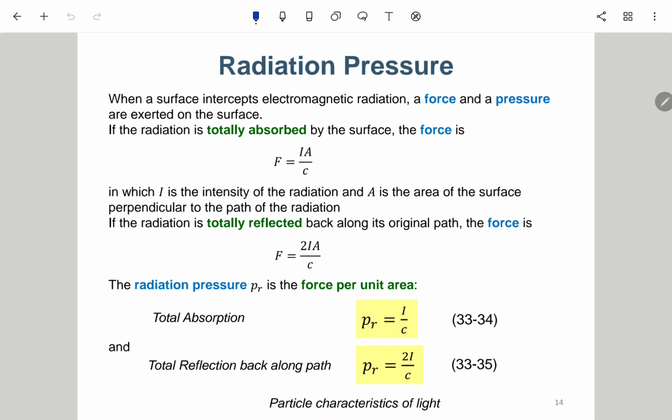Okay, so here we talk about the radiation pressure.